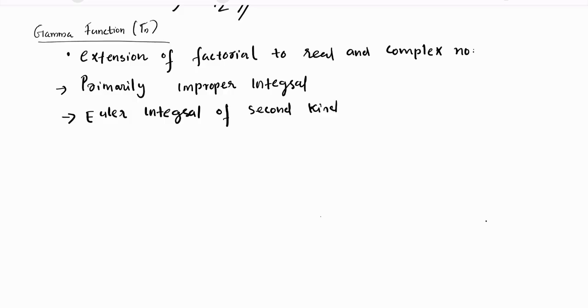There is no definite integral limit, but there is an infinity upper limit. So this is primarily an improper integral, and this is also known as the Euler integral of the second kind. We know the Euler integral of the first kind is the beta function.